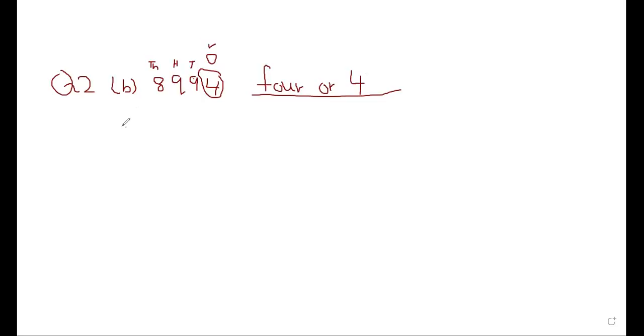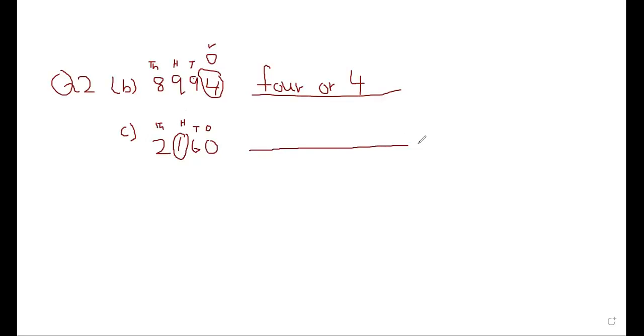Now part C of this same question is 2,160. They circled 1 in this number. This is ones, this is tens, this is hundreds, and this one is thousands. We have to find the place value of this circled digit, that is 1, and it is standing under which place value? Hundreds place value.